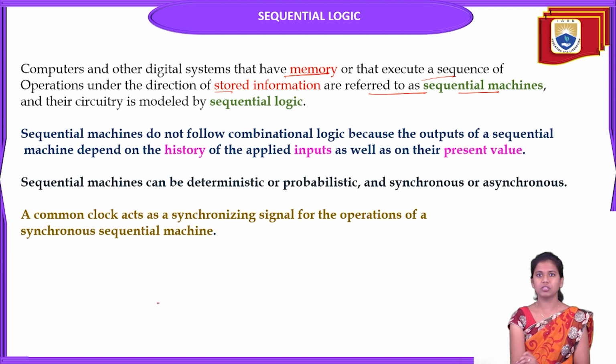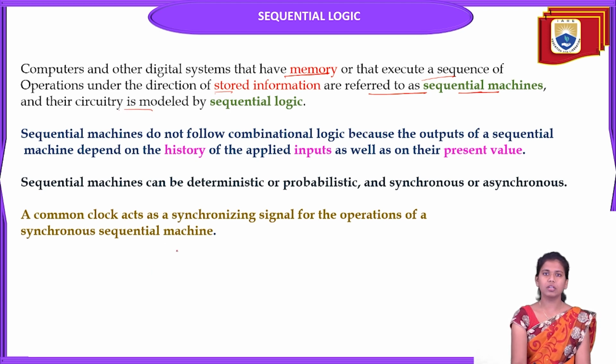So in overall we can say that the devices which are holding the memory execute the operations based on the direction of the stored information. Whatever information the respective devices are holding, based on the memory which the circuits are holding, the execution of the operations takes place based on the stored information, and we are calling them sequential machines.